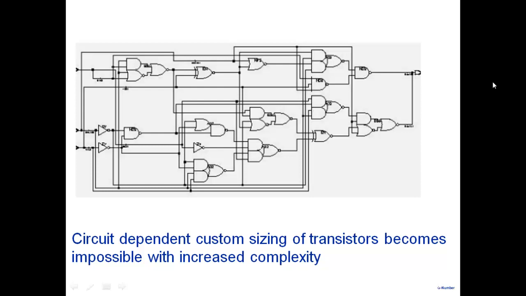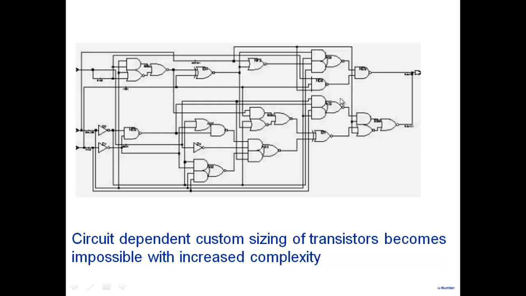Depending on the circuit, custom sizing of transistors becomes almost impossible. Very difficult. Depending on the circuit, I would decide a transistor here and a transistor here, and that would be the optimal solution. But the problem is so complex that I can't do it.